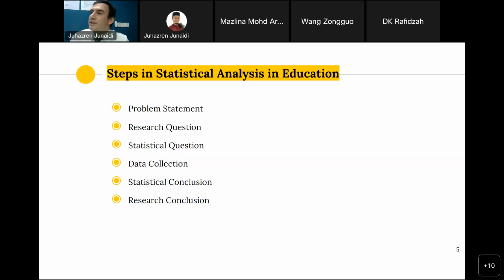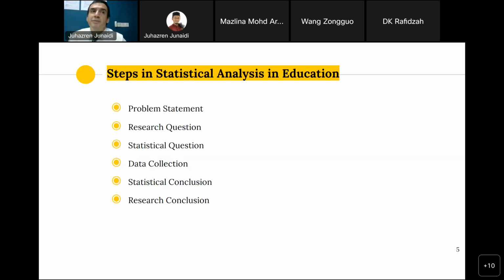For doing research, what is the first step that we do different from natural sciences? No, that's not the first step. Instrument is far later. Thank you. So we had to identify this problem.